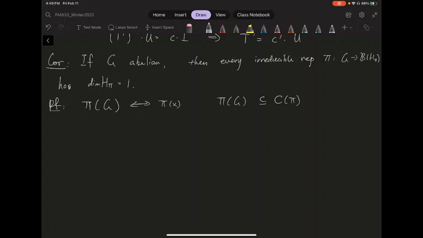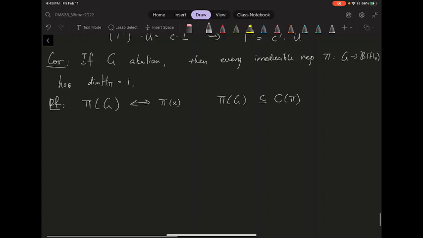So it commutes with all the pi. But because your pi is irreducible, that just implies your C of pi, as we just saw, is a multiple of the identity, and because again it is irreducible, you can just reduce the space to the one-dimensional ones.